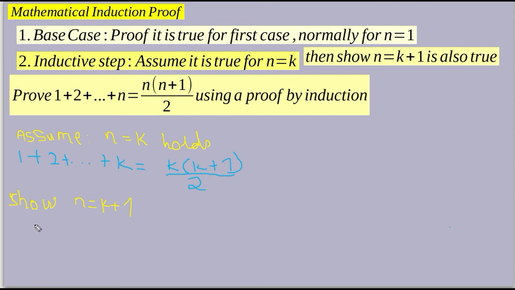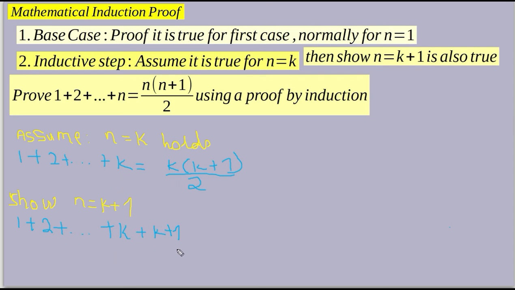So let's go on and show that we have 1 plus 2 plus up to, now n is equal to k plus 1, so we can write k plus 1, and we know before k plus 1 there will be k, so write it there.